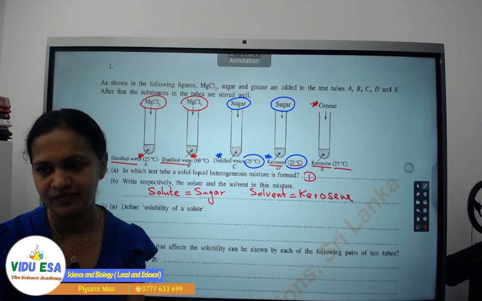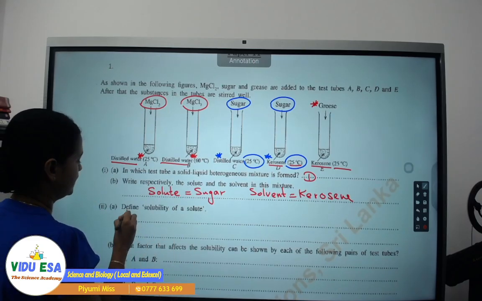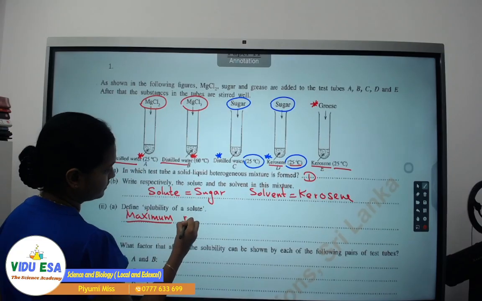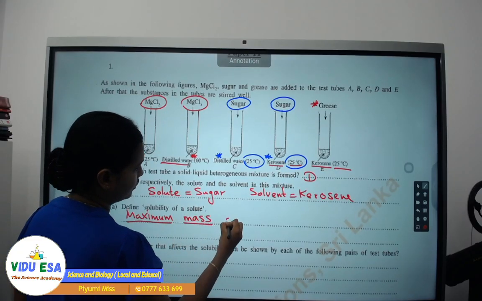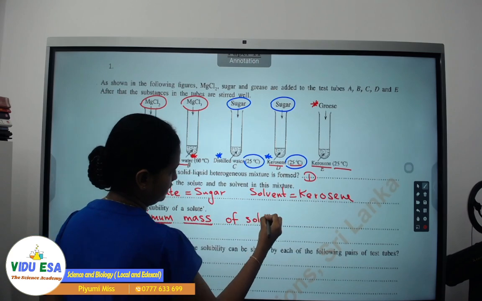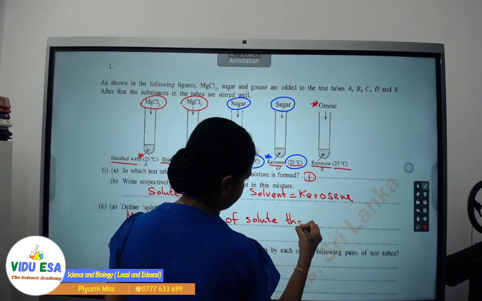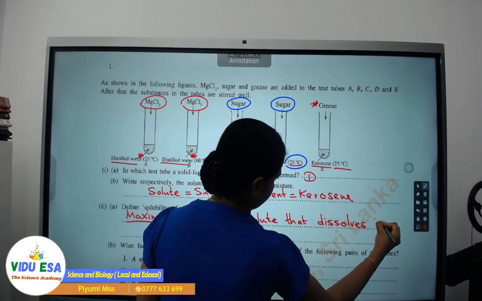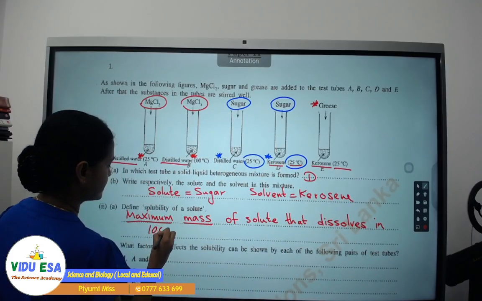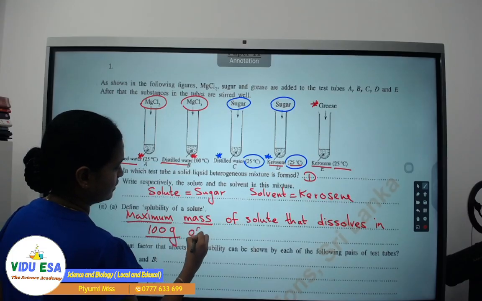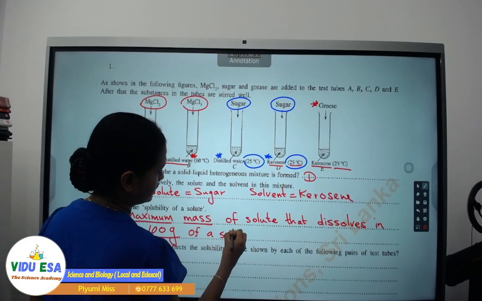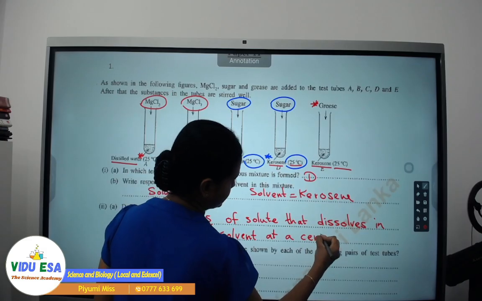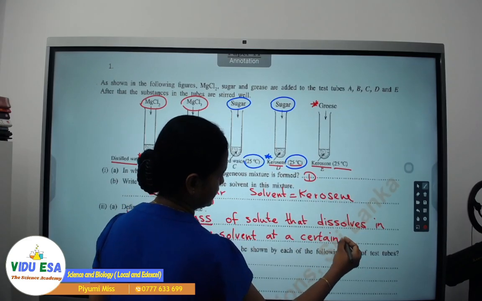That is how you should say it. So the maximum mass of solute that dissolves in 100 grams of a solvent at a certain temperature or at a given temperature.